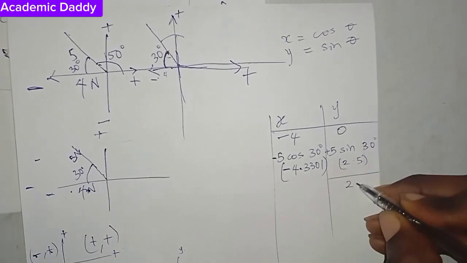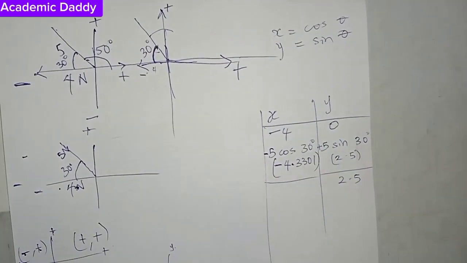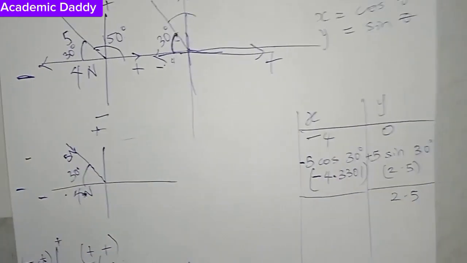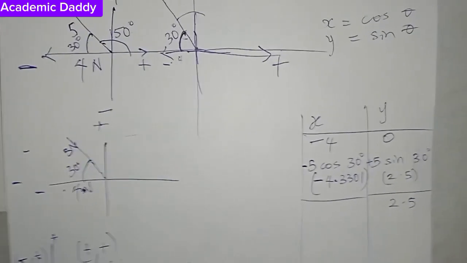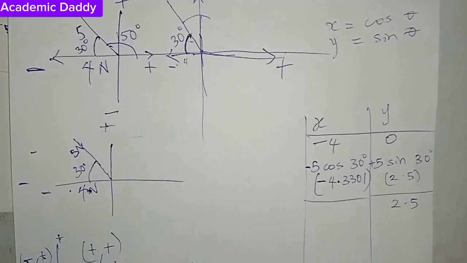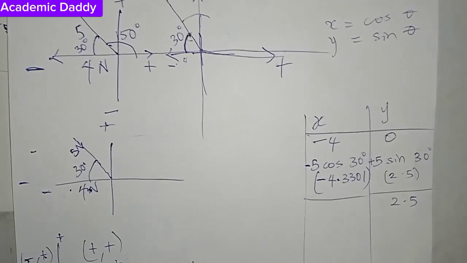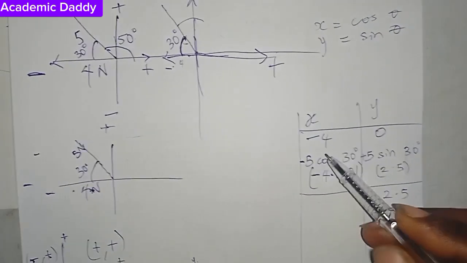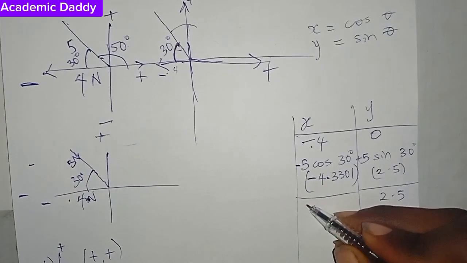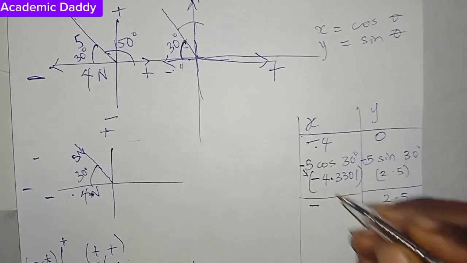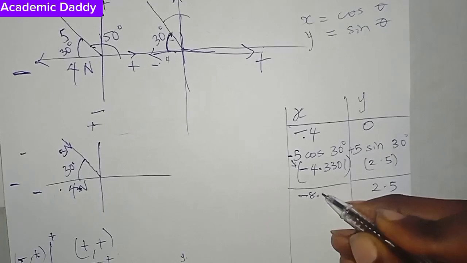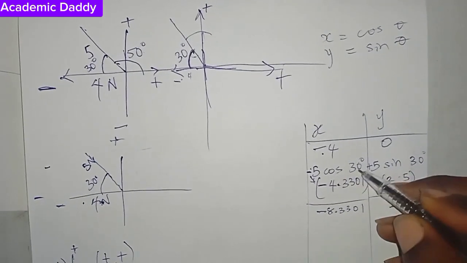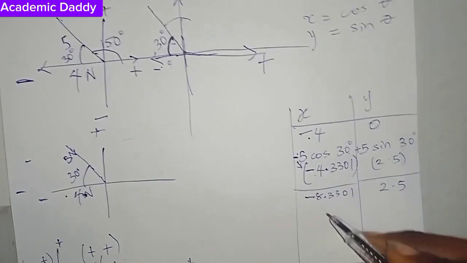So everything here is 2.5, and everything here is going to be minus 4 minus 4.3301, so it will be minus 8.3301. Remember when you do this, 5 cos 30 gives us minus 4.3. So I now have this on this.